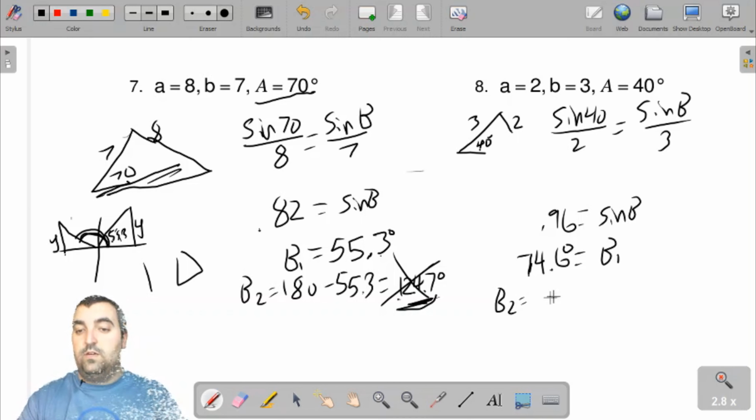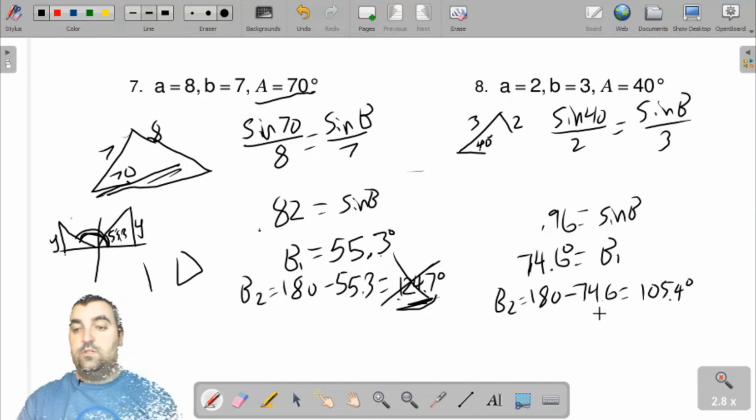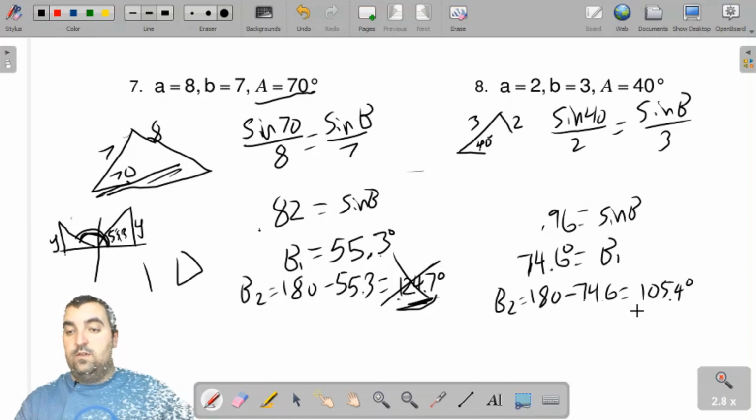So B2 would equal 180 minus 74.6, and when we do that, we see that we get 105.4 degree angle, I should say. And so there, when you look and you add it to 40, you can see that it is clearly under 180 degrees, which means two triangles are formed.